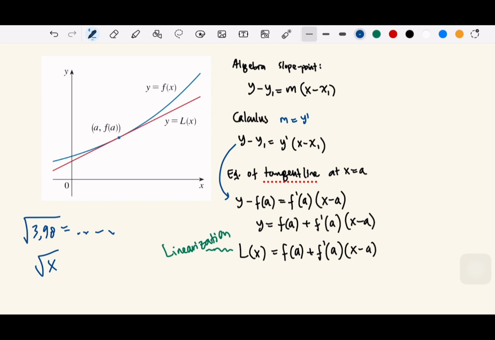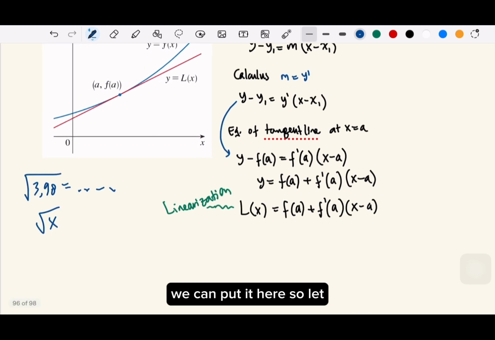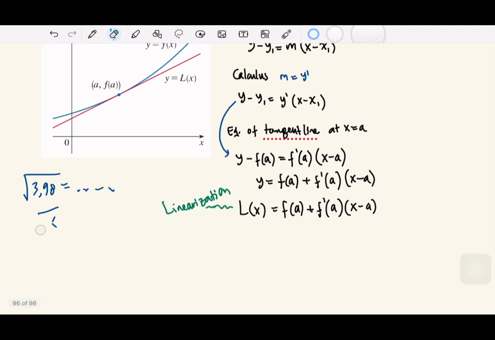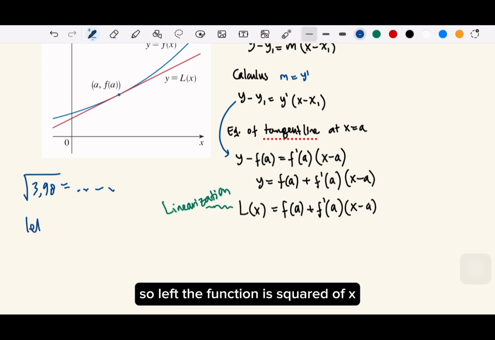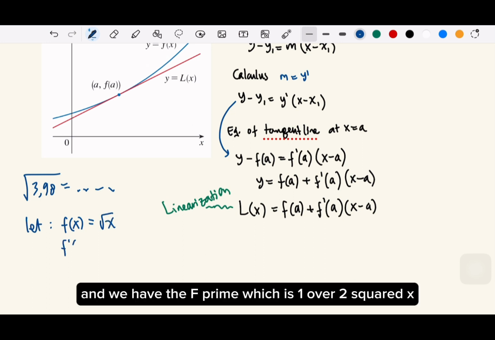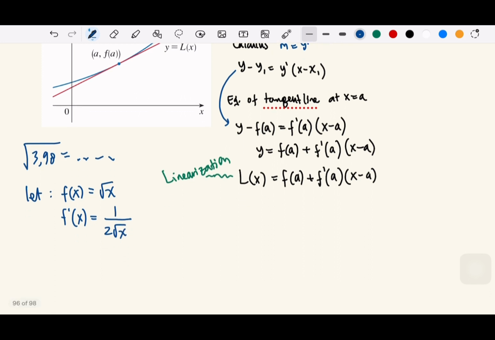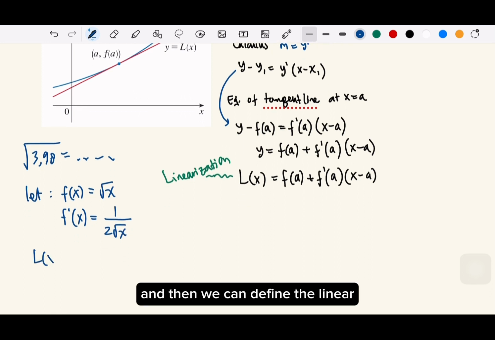So let the function be the square root of x, and we have f prime, which is 1 over 2 square root of x, and then we can define the linear function.